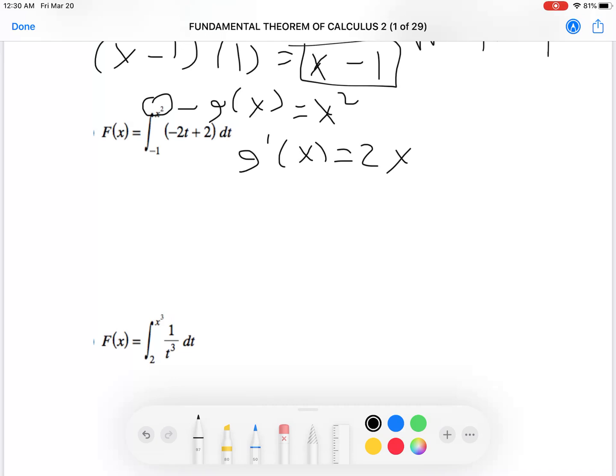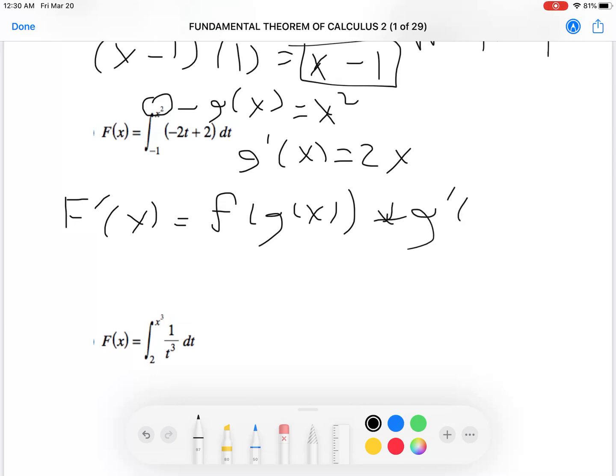So if I'm writing the formula, f of g of x times g prime of x, what f of g of x tells us to do is plug in x squared.